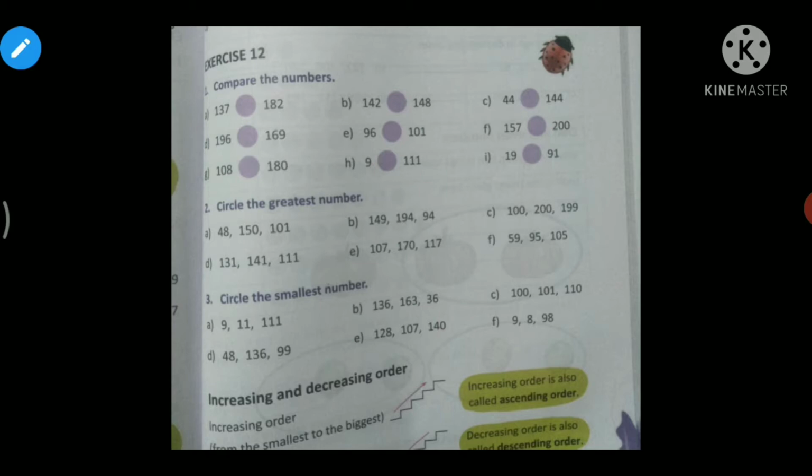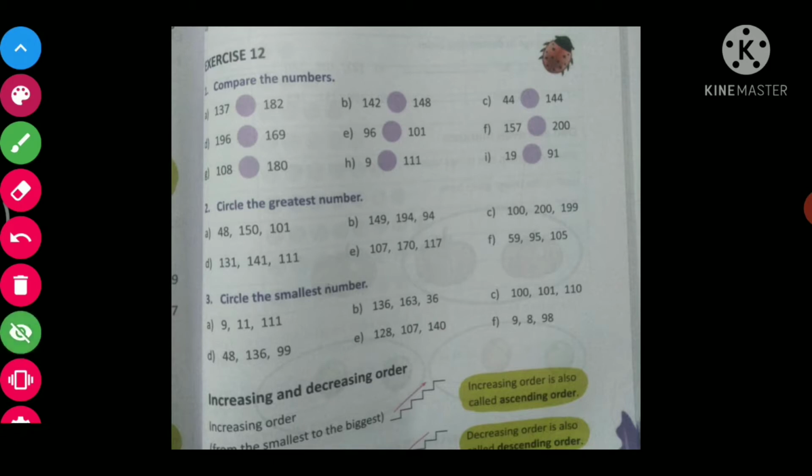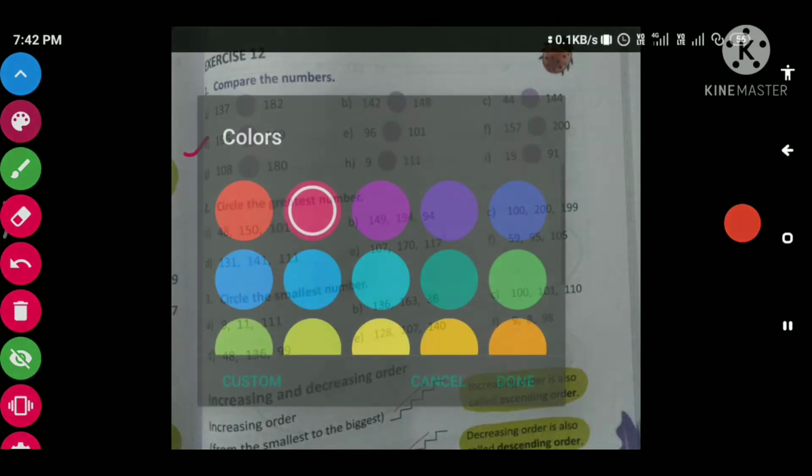Here we compare the numbers. You have to compare which number is the bigger one, so we'll apply the rules. See the first one: 137 and 182. Two numbers are there.